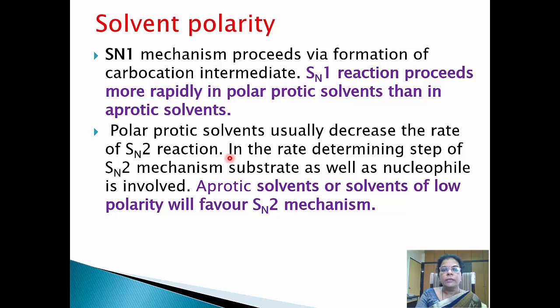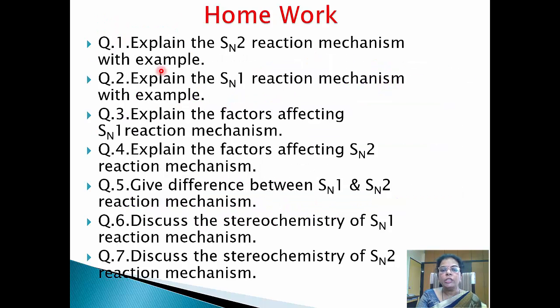In the rate determining step of the SN2 mechanism, substrate as well as nucleophile is involved, and thus to activate the nucleophile to attack the substrate, an aprotic or non-polar solvent or solvent of low polarity will favor the SN2 mechanism.